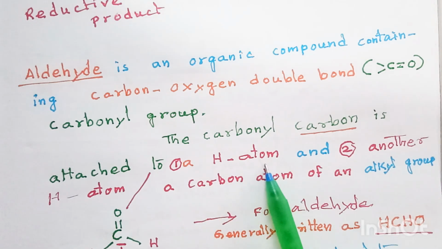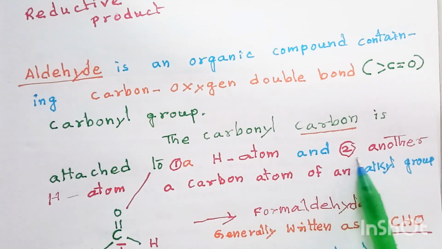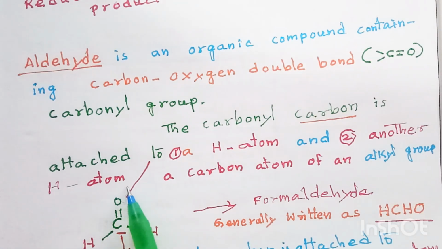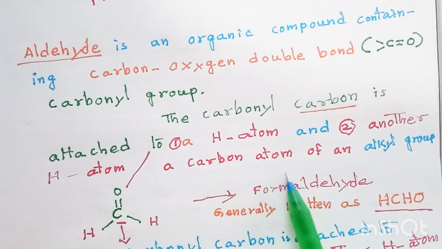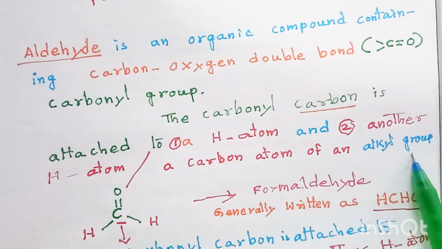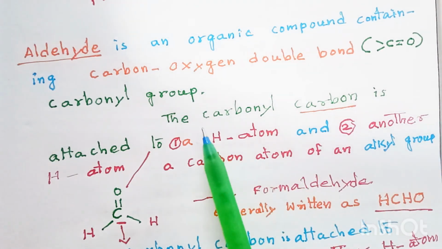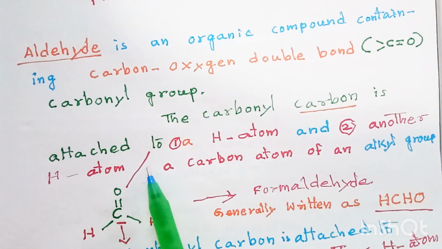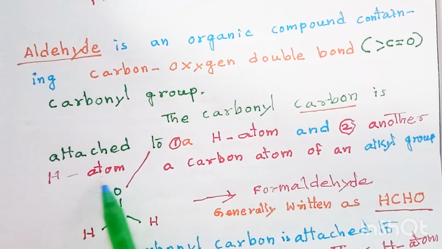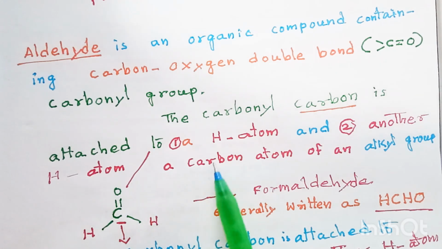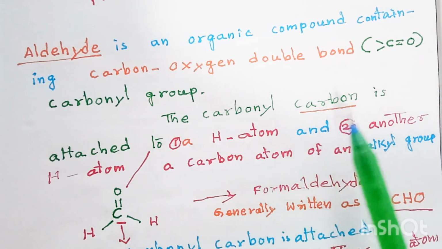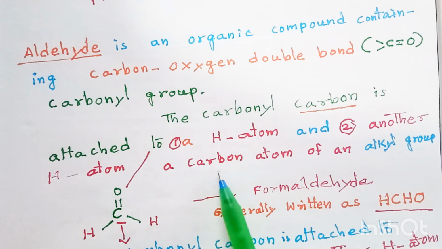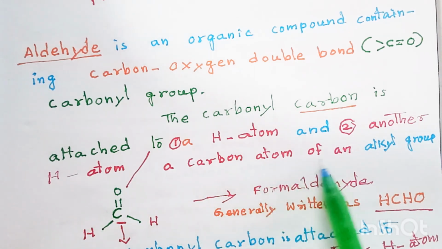This is a must, and it is attached to another hydrogen atom or a carbon of an alkyl group. So carbonyl carbon should be attached to one hydrogen atom. This is a must. Then the second bond of the carbonyl carbon is either attached to hydrogen atom or a carbon atom of an alkyl group.